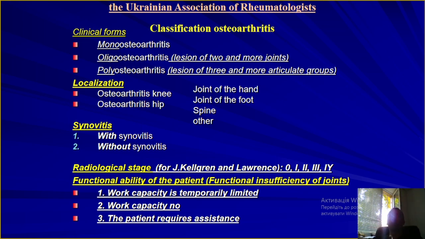So, clinical forms: it can be monoarthritis, when one joint is affected, oligoarthritis, when a few joints are affected, and polyosteoarthritis, when there are more than 3 or 4 joints.